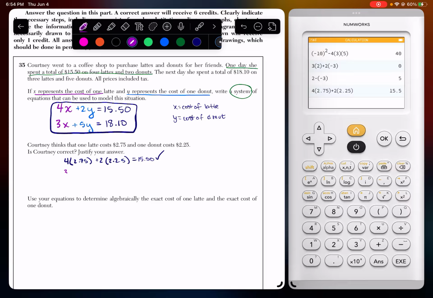So let's try them out in the second equation. Remember, they need to work for both to be a solution. So in the second equation, we want this to equal 1810. It gives us 1950.